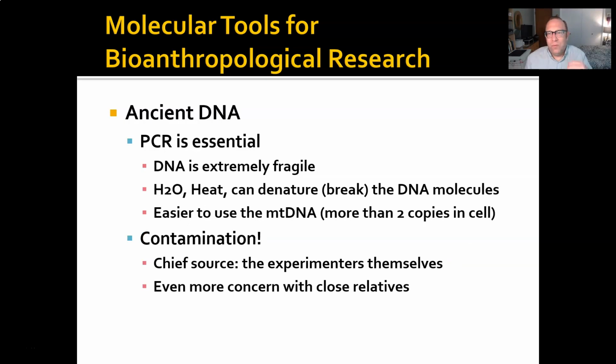Now, why is that important? PCR is essential to this because DNA is extremely fragile. Water can damage it. Heat can damage it. Alcohol, ultraviolet light, all sorts of things can cause it to erode and degrade. And it just degrades on its own, even in the absence of all those things.